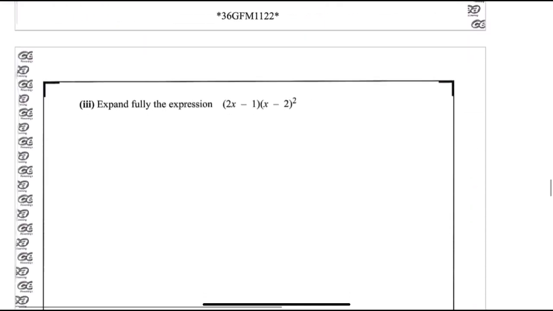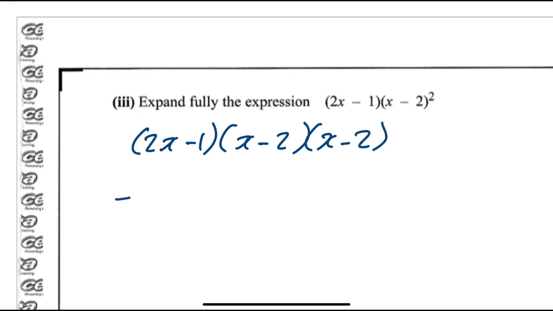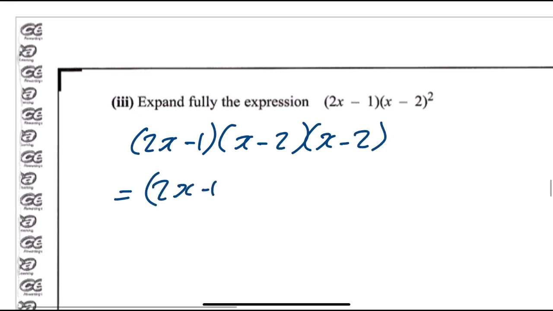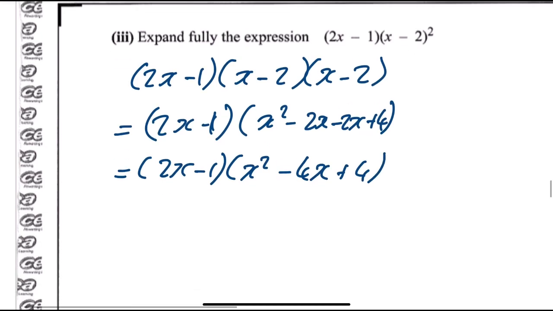Okay, next part of the question, expand fully this thing. So back, I'll do this larger again. What do we have? We have 2x minus 1 times, and I'll write that as x minus 2 upon x minus 2. So it says I'm expanding triple brackets. I'm going to leave this bit. I'll expand these other two. That's going to be x squared minus 2x plus 4 squeezed in. Tidy up, just makes it easier. That's going to be x squared minus 4x plus 4. Multiply out.